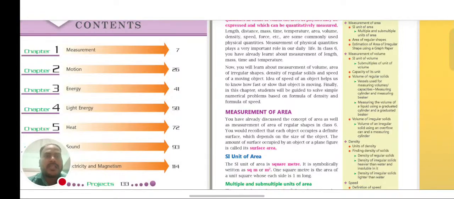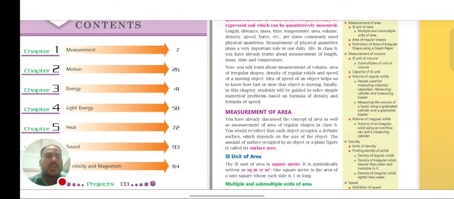We have already learned this in class 6, and I already taught you. So now this is a revision period. Here it is already written, you have already discussed the concept of area as well as the measurement of area of regular shapes in class 6.